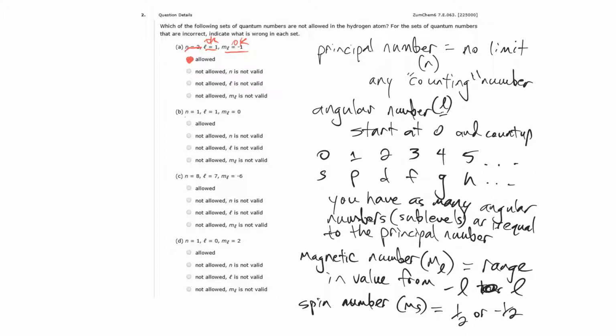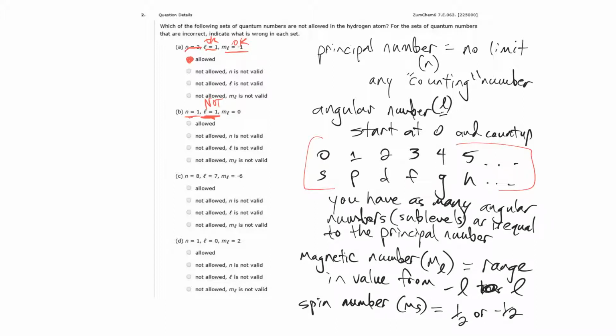Problem B, n equals 1. Of course, you can have any principal number as long as it's a counting number. Angular number 1? No. That is not okay. This is bad, because your angular number can be no more than one whole number less than the principal number. And the reason for that is your angular numbers start counting at 0.